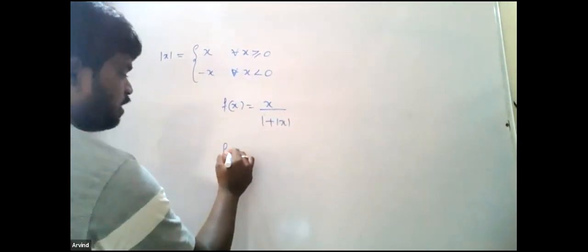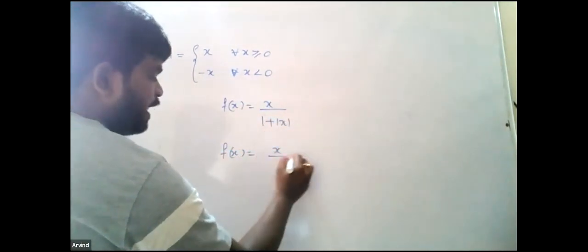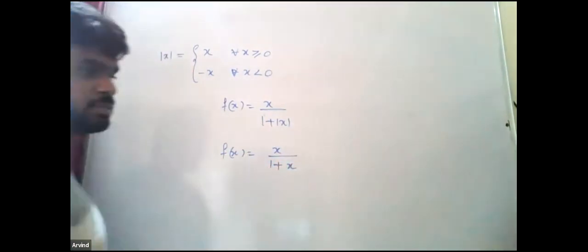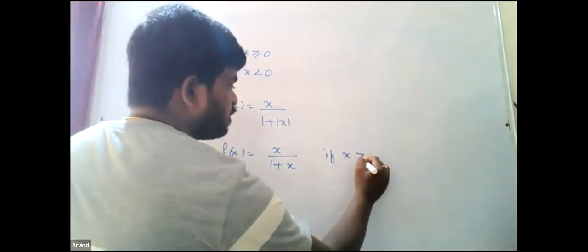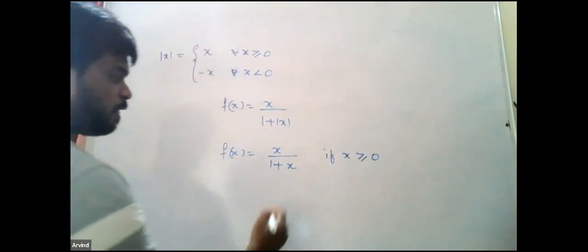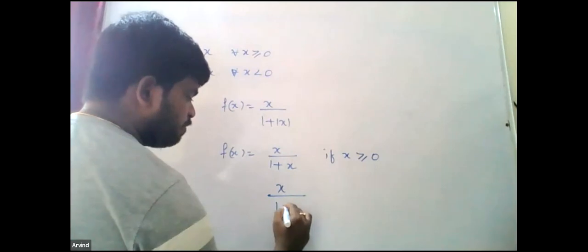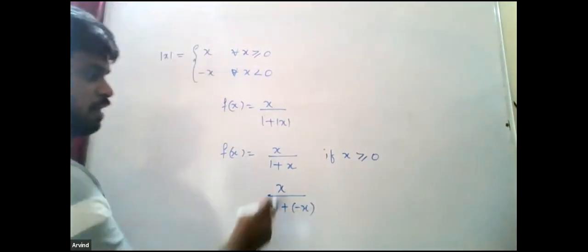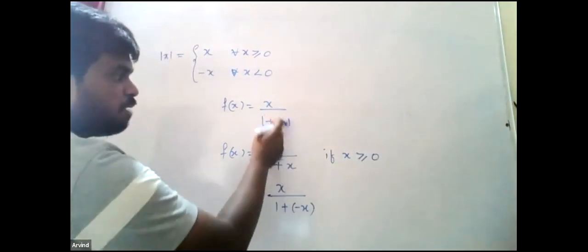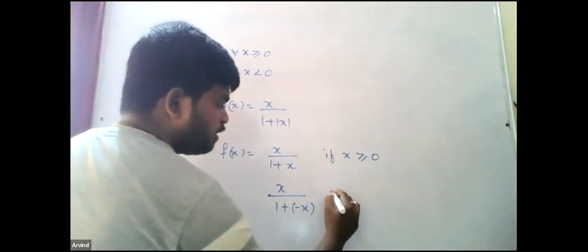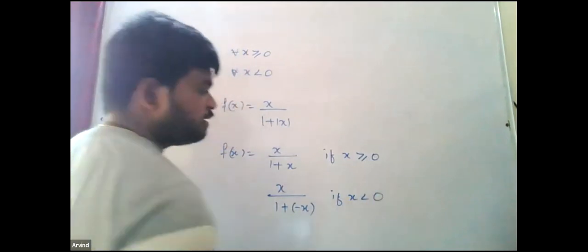So this becomes x divided by 1 plus x if x is greater than or equal to 0. Then it will become x divided by 1 plus of minus x, that is, mod x is x when x is greater than 0, and mod x is minus x when x is less than 0.